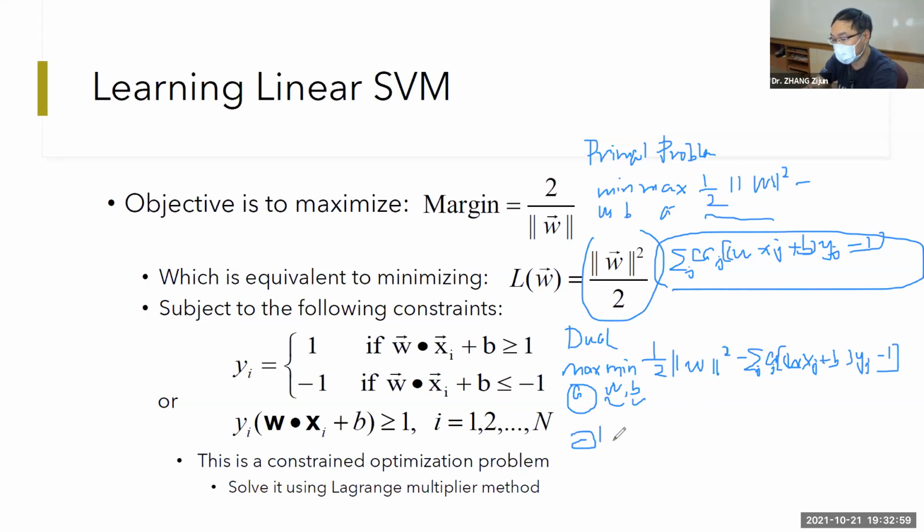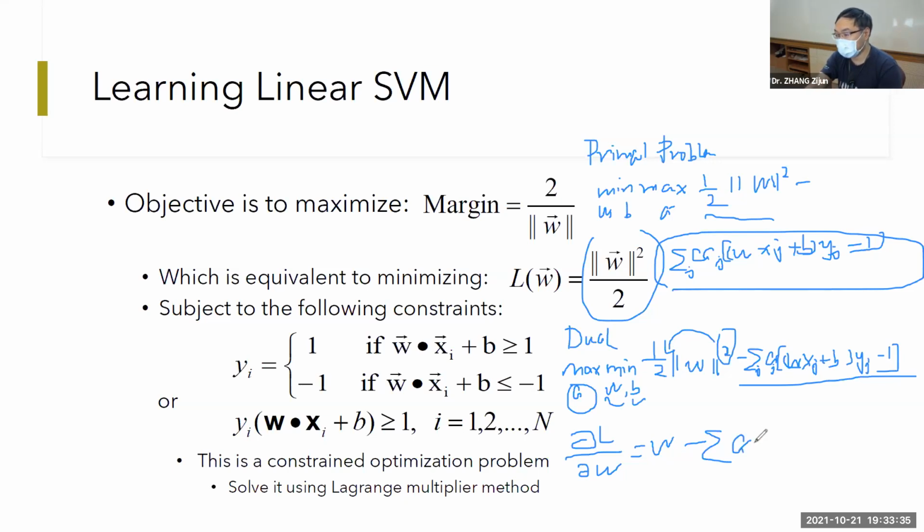So take the derivative according to W. Then what do we have? These two move to the front and they cancel. So we have the first term, W. And how about here? It will be a summation, it's a linear term.